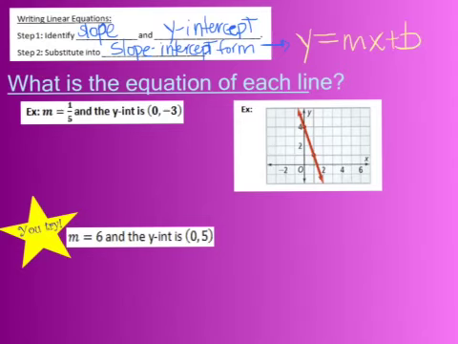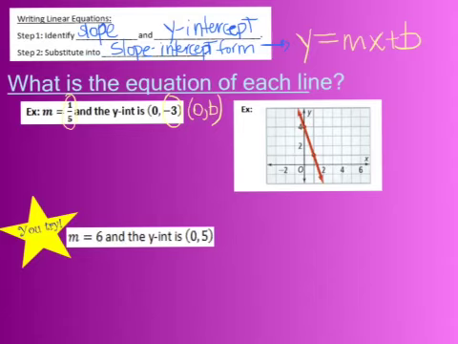Alright, so in this first example, it says the slope, m, is equal to 1/5, and the y-intercept is 0, negative 3. Well, the y-intercept is always written as 0, b. B represents our y-intercept, and that's what we need in our equation. So, really simply, we can just substitute in these two things.